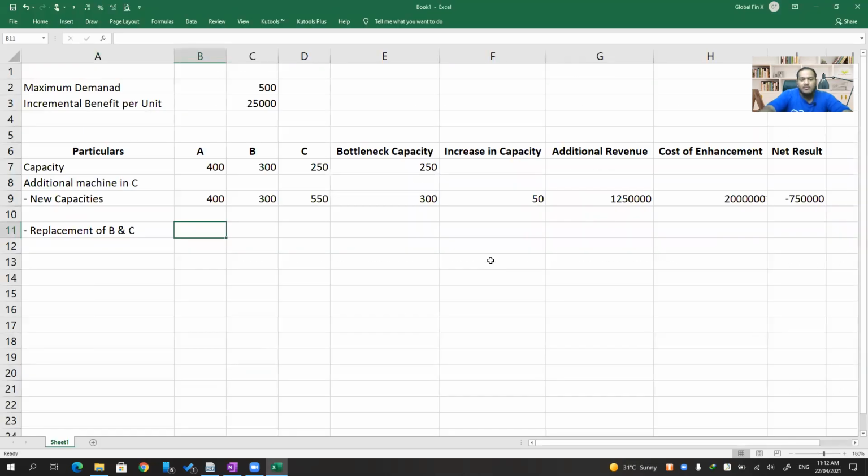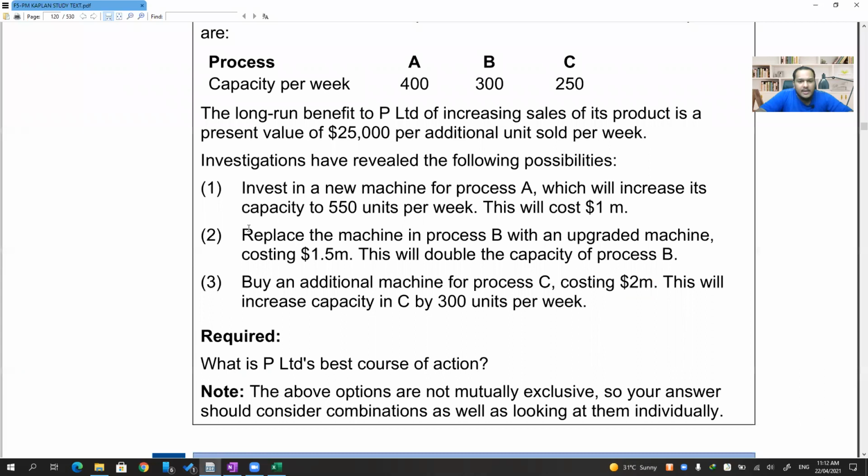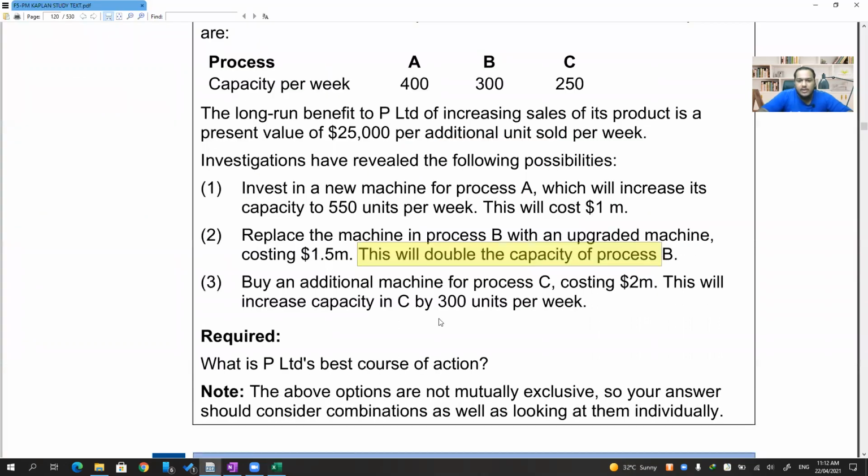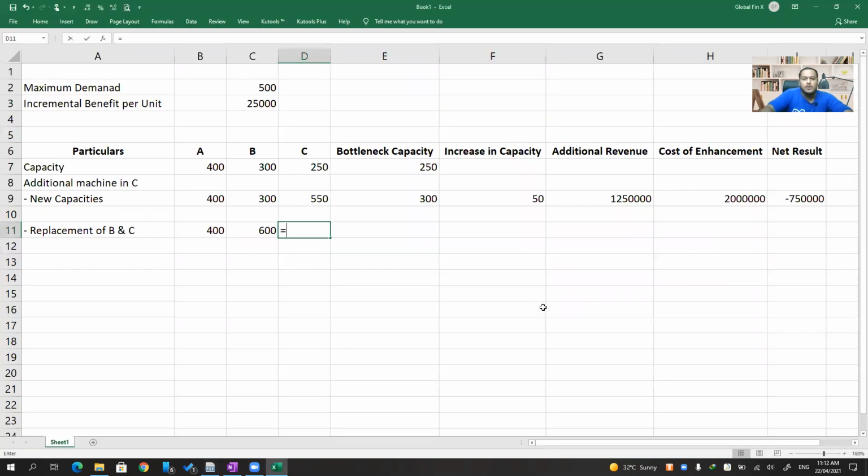A will remain the same, 400. If I replace the machine in process B with an upgraded machine costing 1.5 million, this will double the capacity of process B. So double 300 into 2 is 600. And for machine C, it will be increased by 300 units per week. So 250 plus 300.